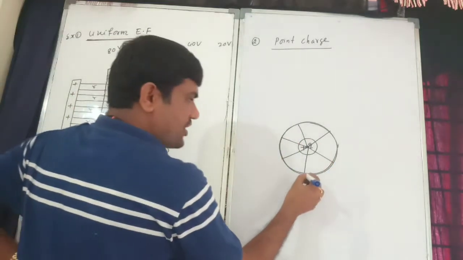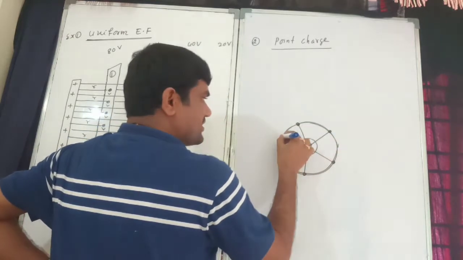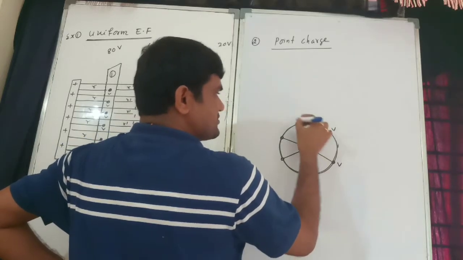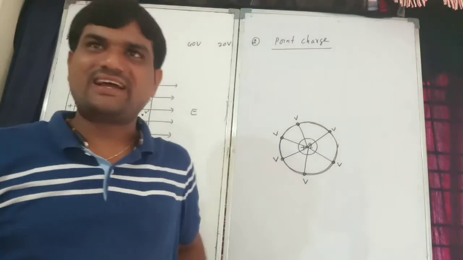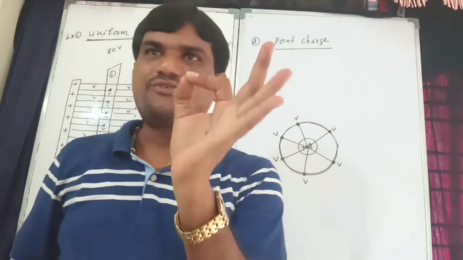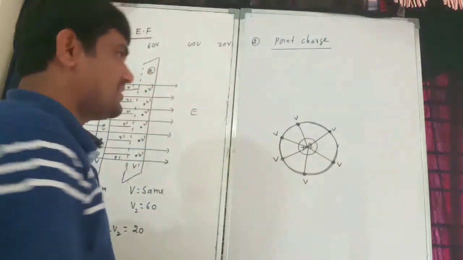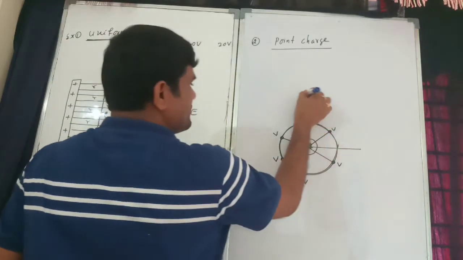At this point, potential is V, potential is V. Correct? That means this surface is known as equipotential surface. Right? One more circle I can draw, with a different radius.